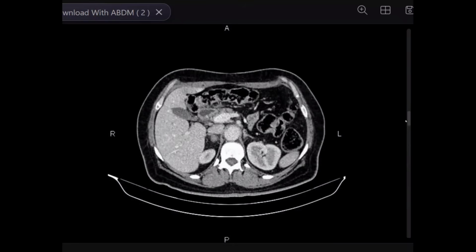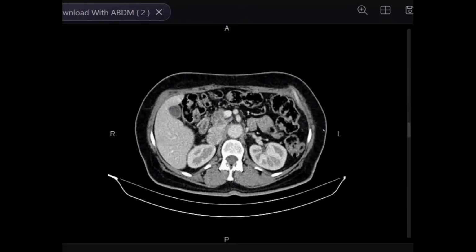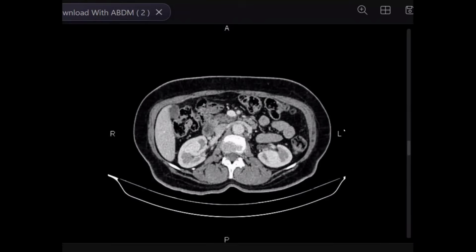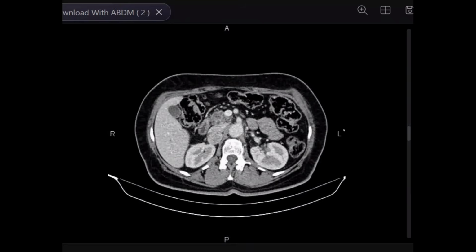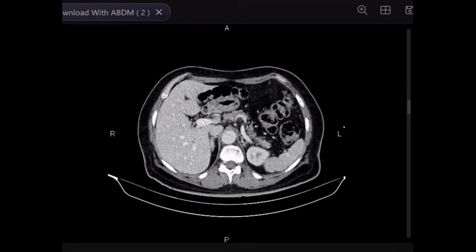There is a mass which I can see anterior to the right kidney and posterior to the IVC. This looks like a rounded lesion showing heterogeneous enhancement, with maybe some central areas of necrosis.